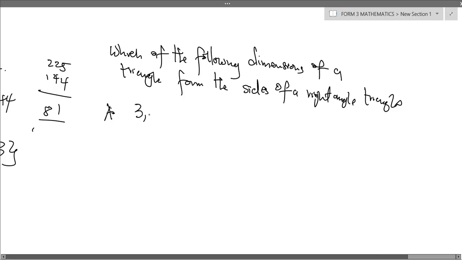A, 3 centimeters, 4 centimeters, 6 centimeters. B, 3 centimeters, 5 centimeters, 7 centimeters.